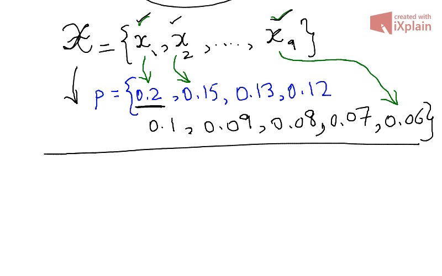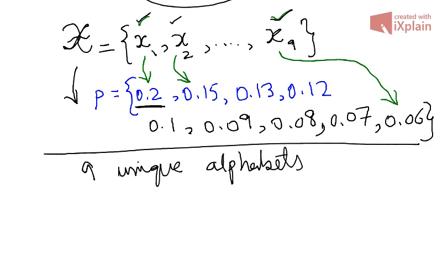If you have 9 unique alphabets as given in this set, my question would be to determine the memory requirement. If you are using ASCII code, of course, it's a 7-bit code, so each alphabet needs 7 bits of memory, and 9 means 7 multiplied by 9.